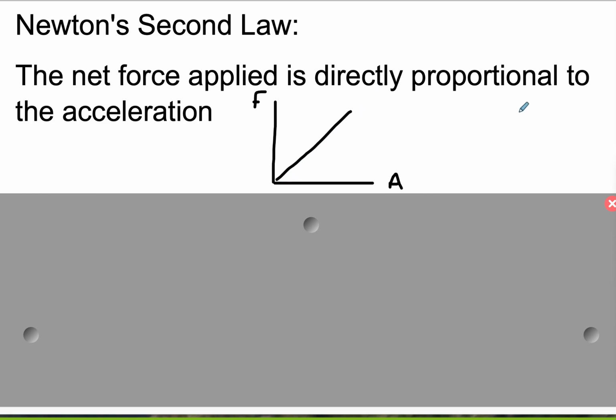And this is why a lot of athletes work out, get stronger, because if they can apply more force, they can accelerate at a higher rate. Less force, they accelerate at a lower rate. So if you want to be fast, you need to build up your muscles so you can apply a bigger force.